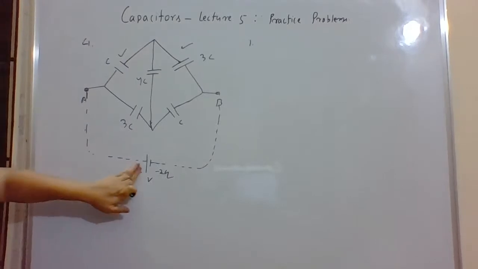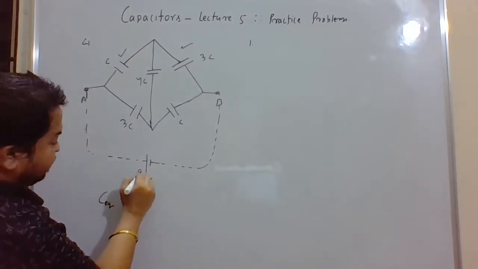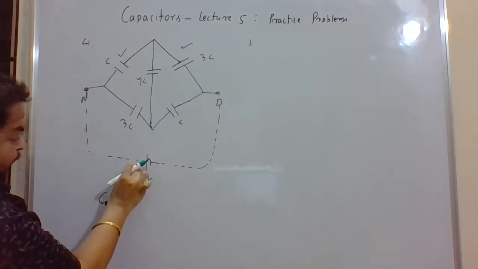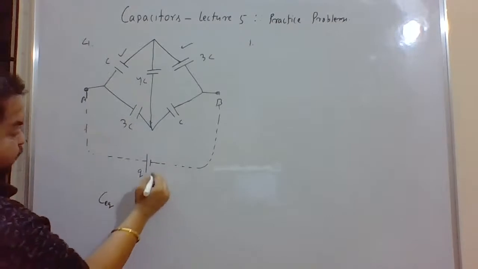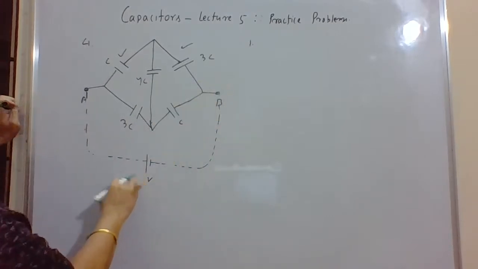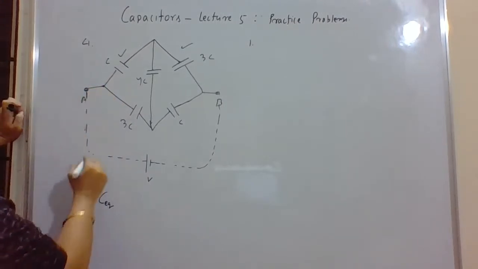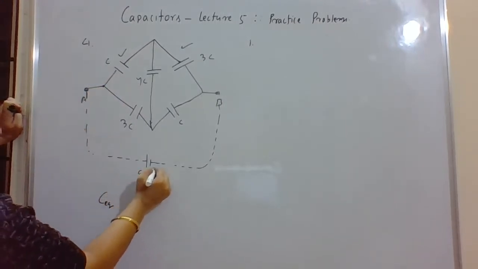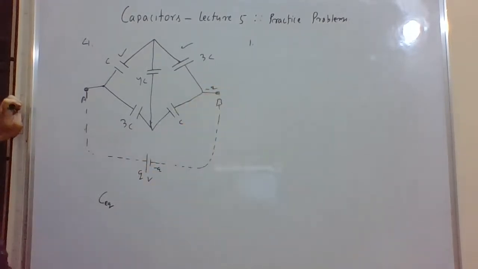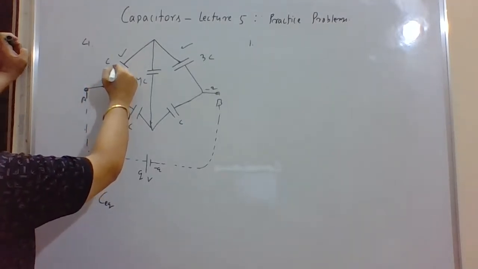But for simplicity, here we'll go with Q and minus Q only. So charge plus Q came out from here, and charge minus Q went up to here. Charge plus Q will get divided.